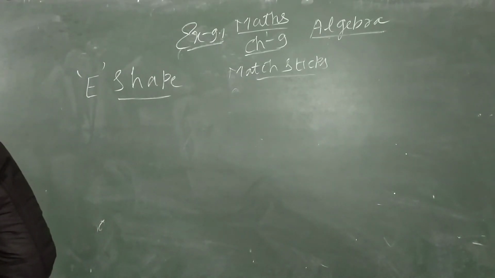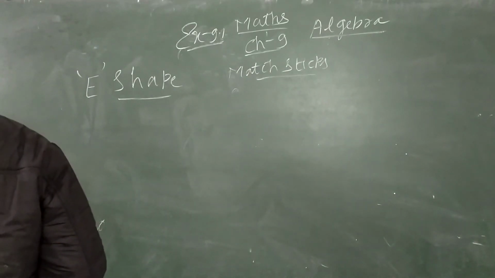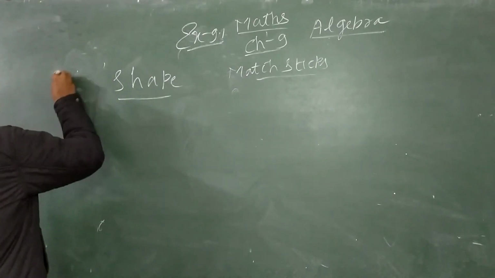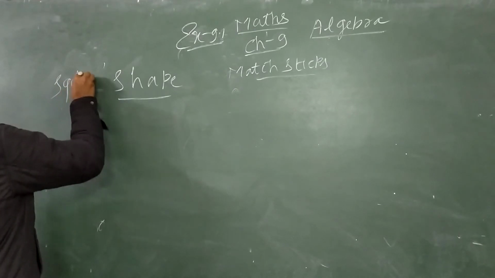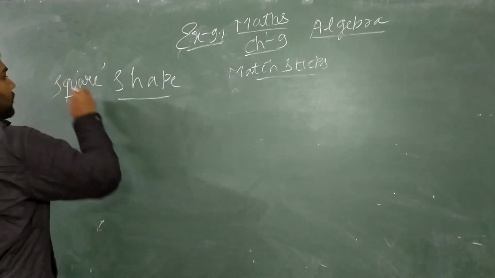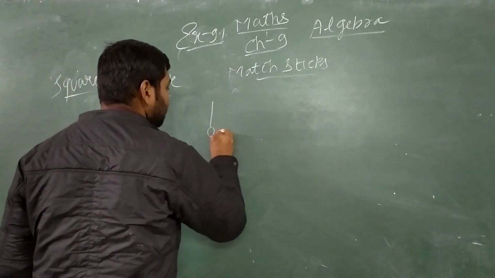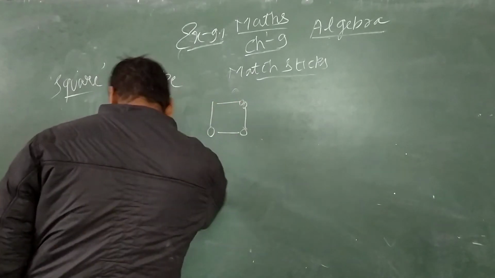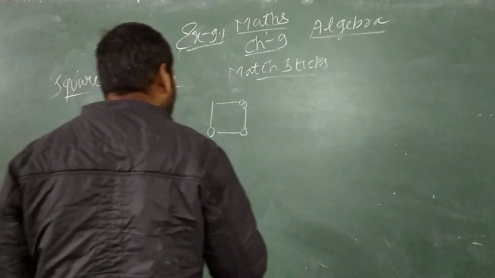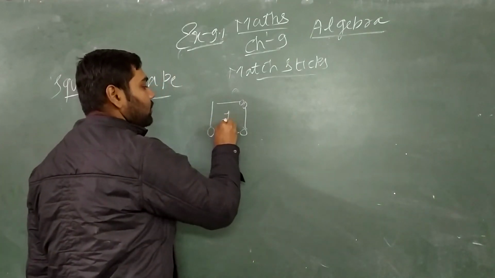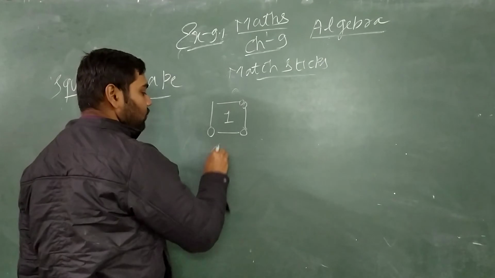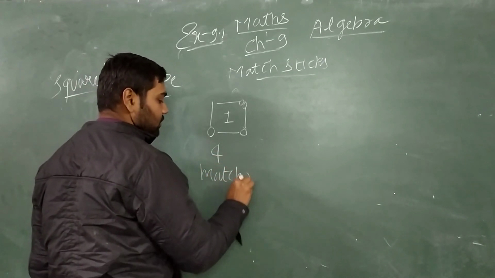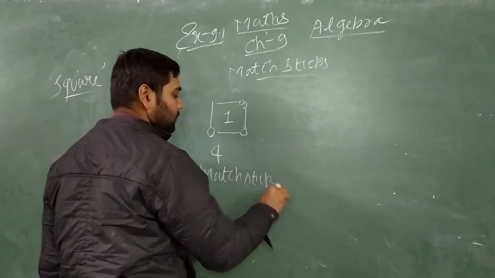Now see, if we have to make a square shape, not E, it is a square shape. To make one square shape, see here, 1, 2, 3 and 4. Four matchsticks are needed.